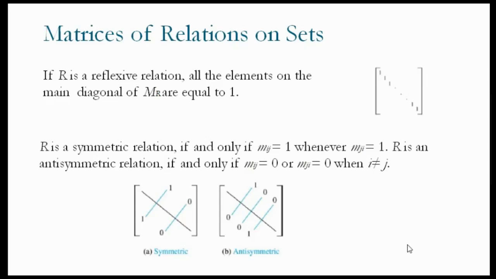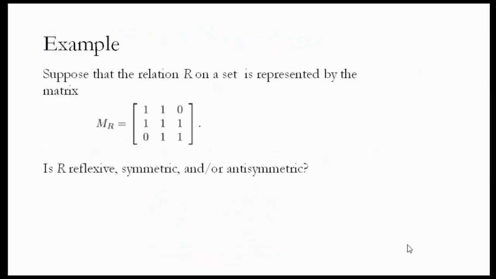So here is the example for the symmetric and antisymmetric. By this time you have come to know what is symmetric and antisymmetric. Already we have seen a sufficient number of examples, and also you are going to solve some examples in the tutorial. So here is a simple example. Suppose the relation R on a set is represented by the matrix MR, with rows 1, 1, 0, then 1, 1, 1, and 1, 0, 1, 1.